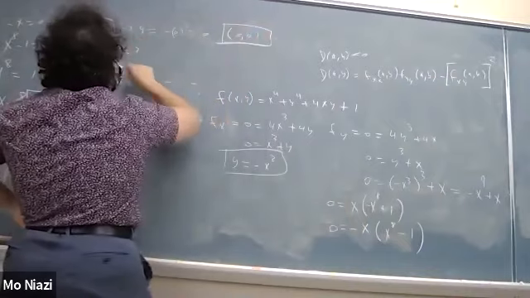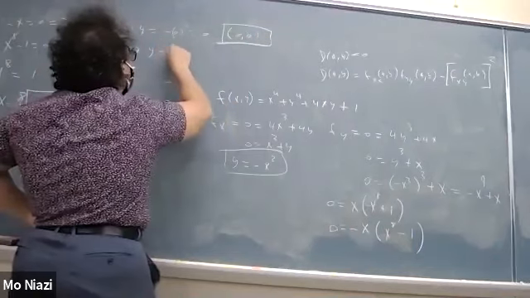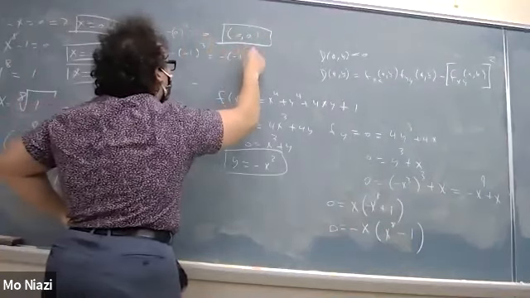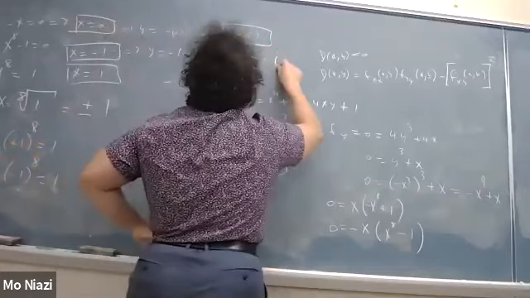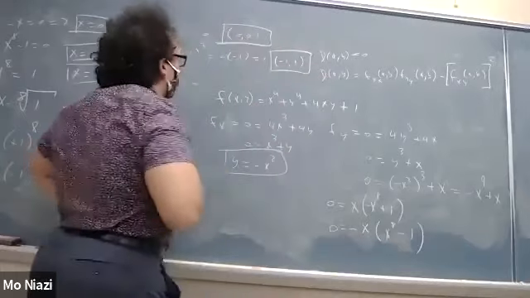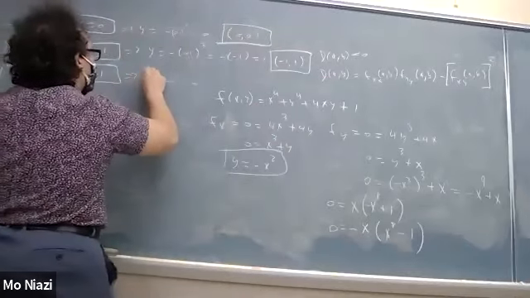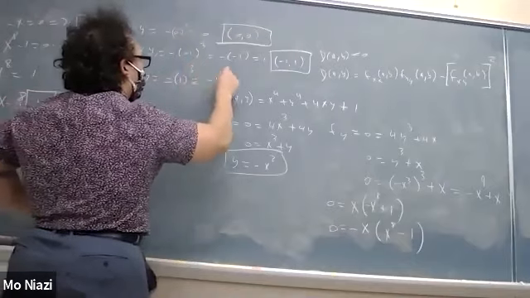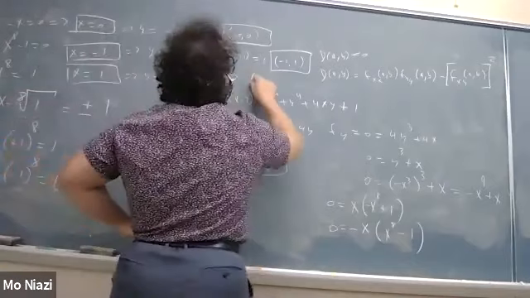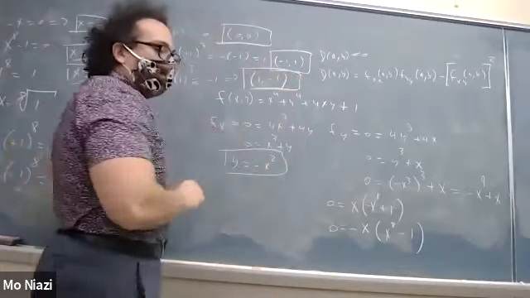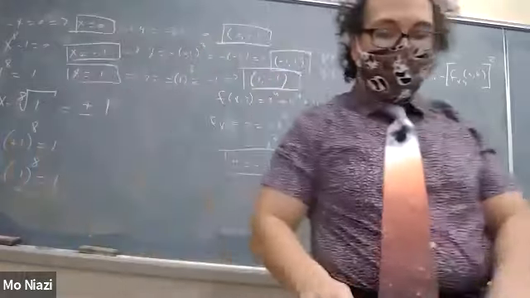This implies y is equal to negative 1 cubed, which is negative 1, which is 1. So one of our points is now negative 1, 1. And this implies y is equal to negative 1 cubed, which is just negative 1, which implies one of our points is 1, negative 1. Does that make sense how I did that?